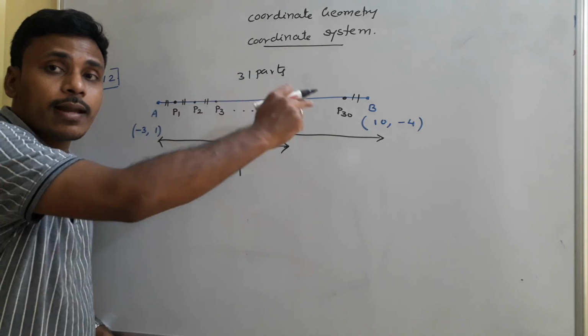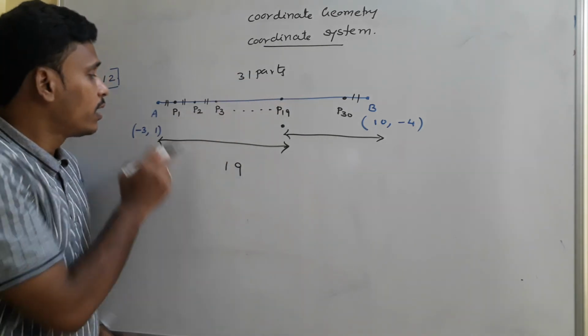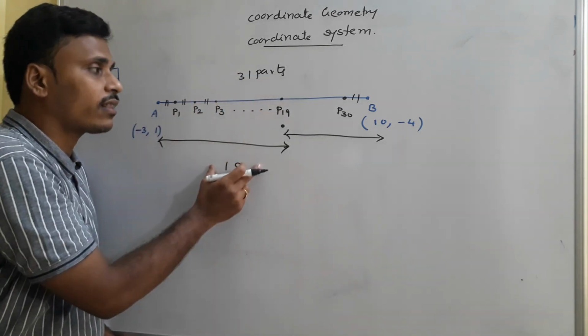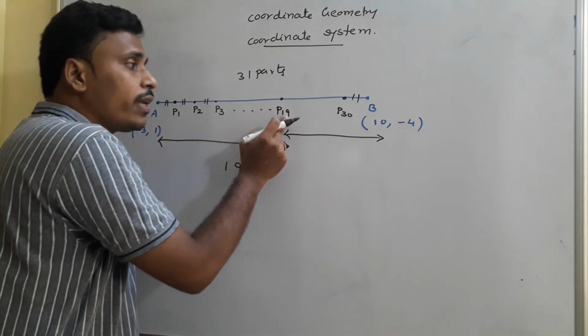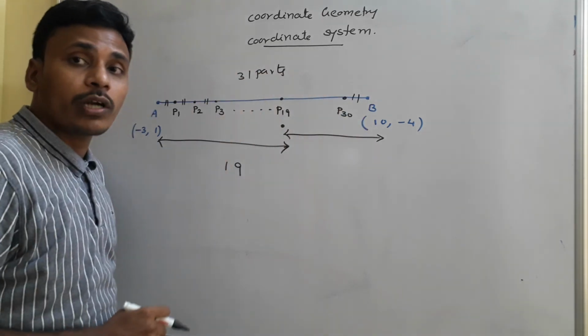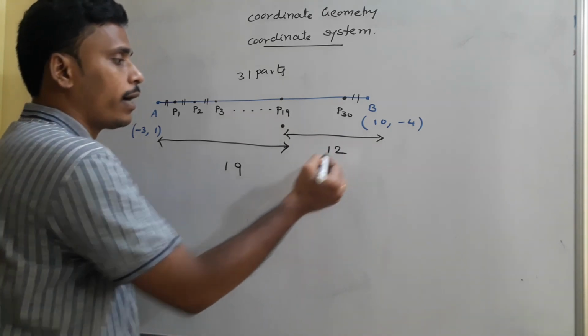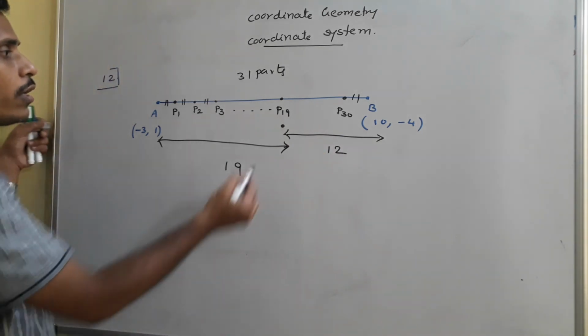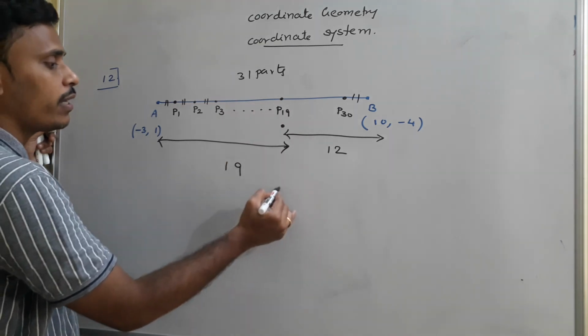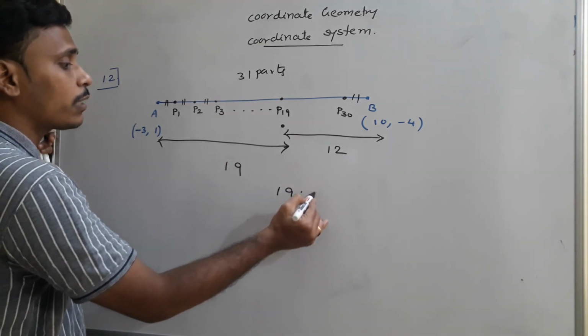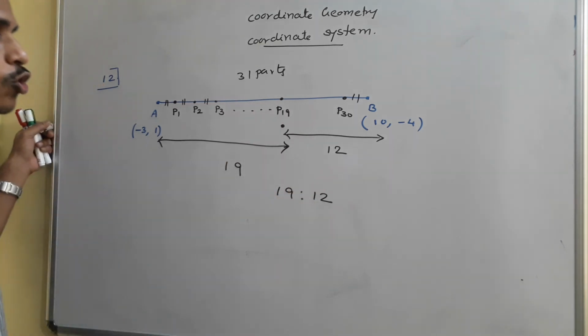Total number of parts is 31. Since from A to P19 there are 19 parts, then from P19 to B, how many parts will be there? Total 31 as I mentioned, so it will be 12 parts. So if you pay attention, P19 is dividing the line segment AB in the ratio 19:12.